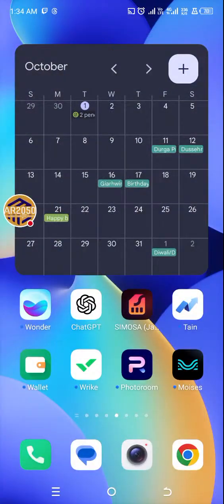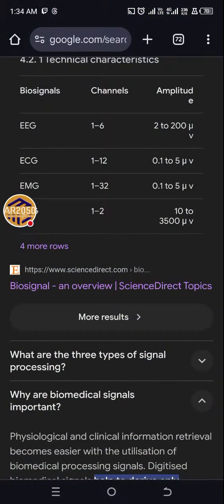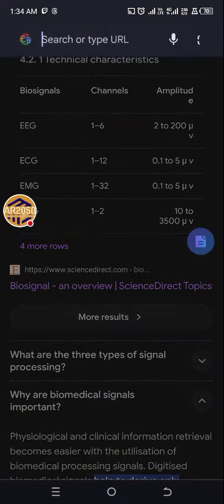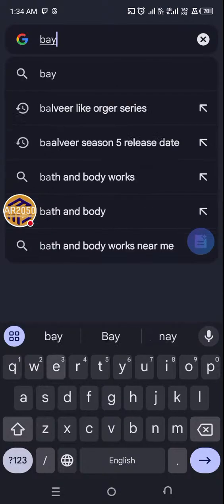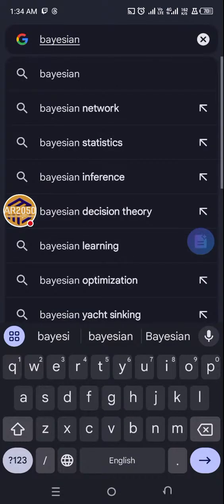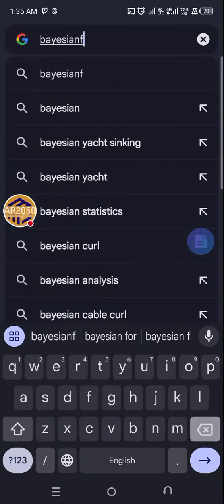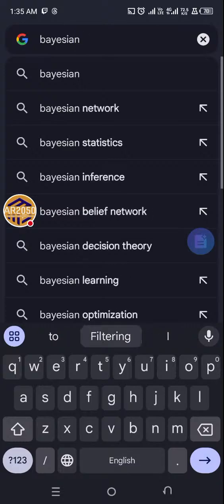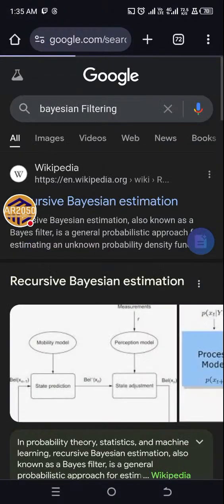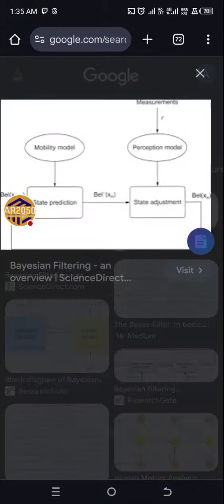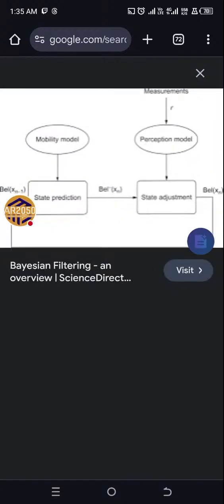Let's see what Google says about that. Bayesian filtering. Okay, so let's explore the image.